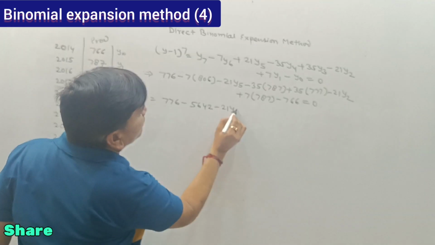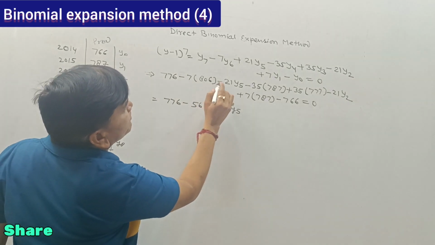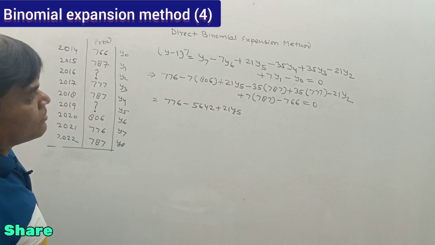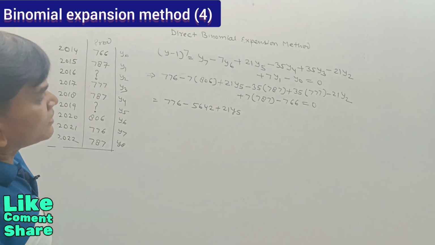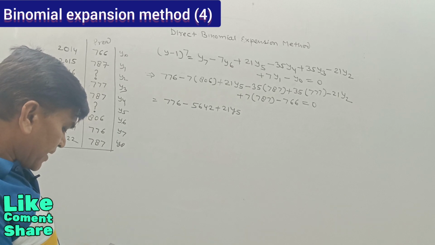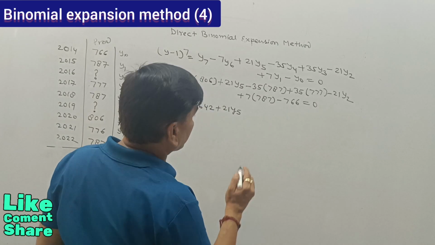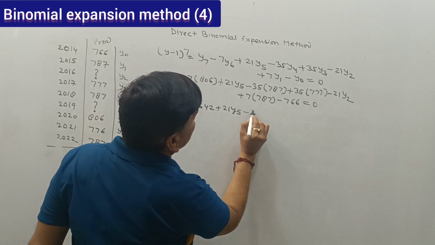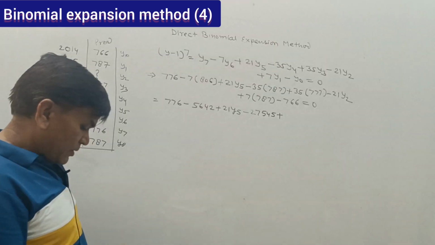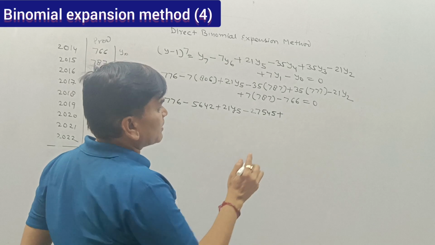Then 35 multiplied by 787 is a negative value, 27545. 35 multiplied by 777 is a positive value, 27195.